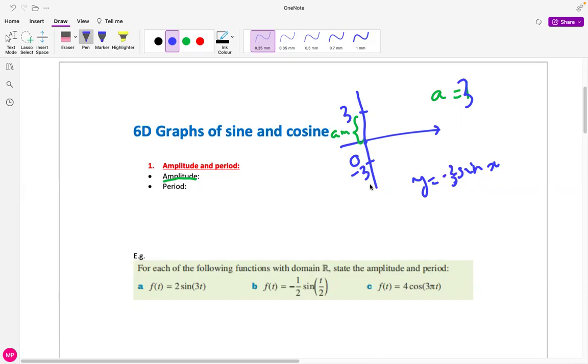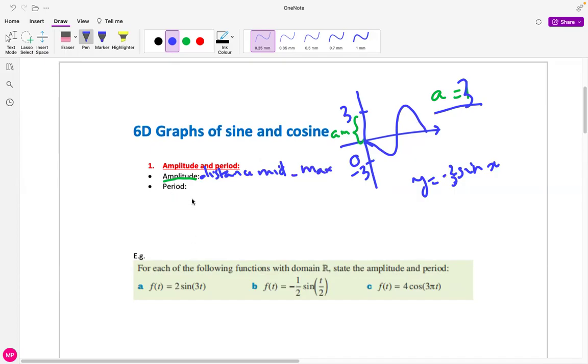So the range is still -3 to 3, and instead of going that way, the graph will just go upside down because it's a reflection in the x-axis. So you can see that the amplitude doesn't change, the amplitude is still 3. So it's always a positive number. Okay, so we write here that the amplitude is the distance between the middle and the maximum of a graph, because the distance is positive.